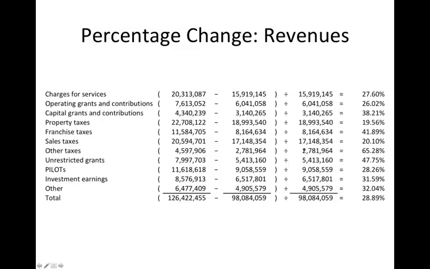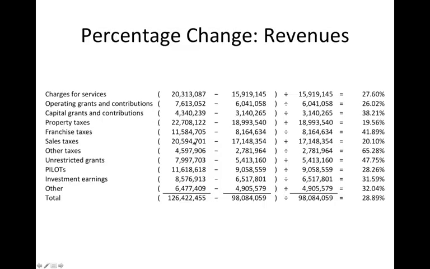They grew considerably faster, but they're pretty small. They grew off of a very small base, and in the most current year, they're still only $4.6 million out of $126 million. Actually, this obviously is a different example. Sorry. So forget what I said about the public service taxes. I'm not sure what these other taxes are. But the point that's important here is that they're relatively small.